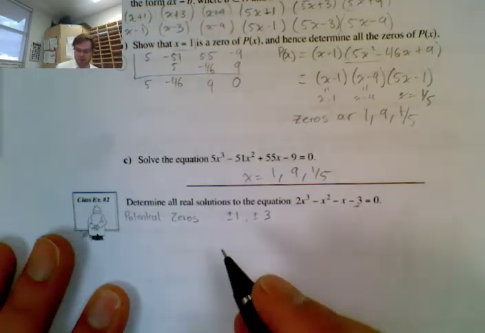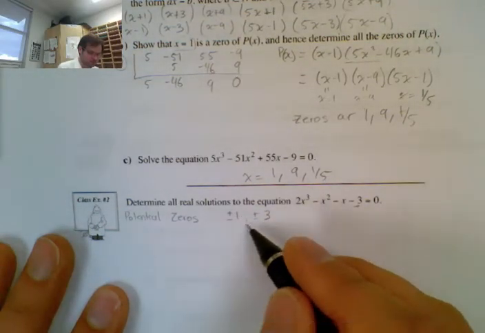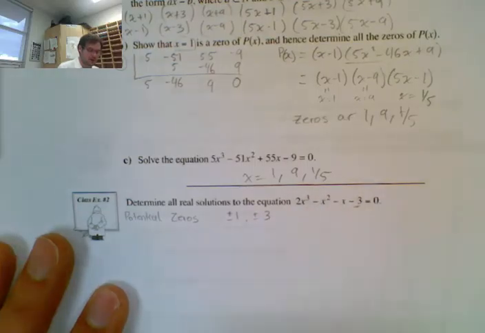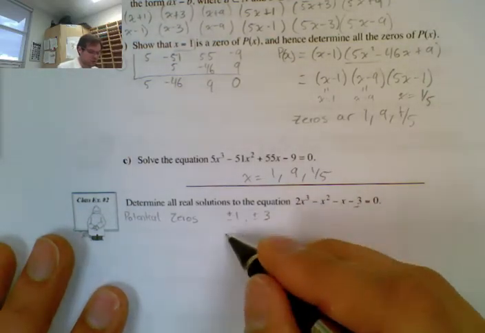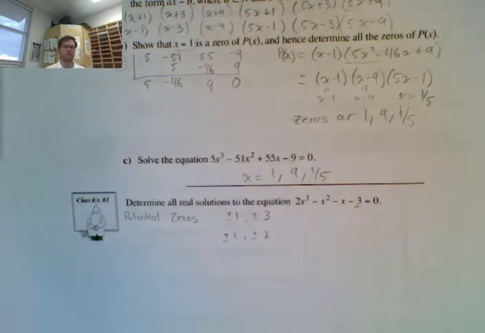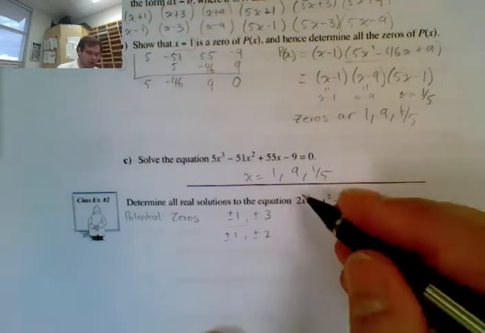Okay? My potential denominators could be plus or minus 1 or plus or minus 2. Okay? So now I'm going to look at all my combinations.